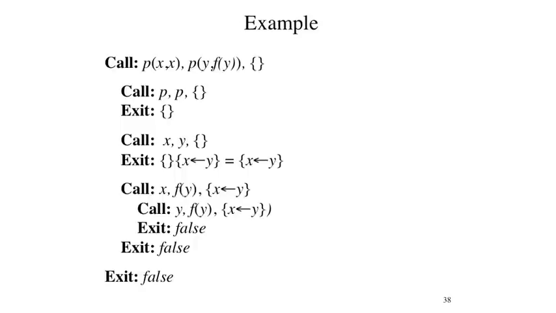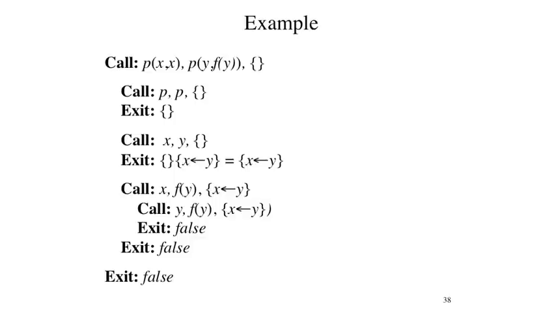Okay, here's one more example. This one's similar to that last one, except that the second term in the second expression is the functional term that contains y. After unifying the first two arguments, we find ourselves trying to unify x and f of y with a substitution where x is bound to y. Now, in order for this to work, we would have to unify y and f of y.